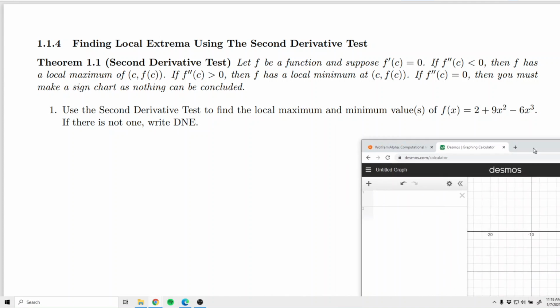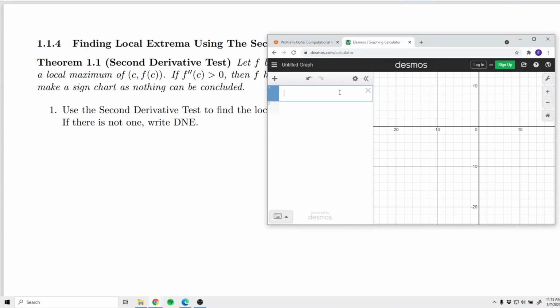So I just want to take Desmos real quickly and explain this. When we were talking about concavity at the beginning, we looked at y equals x squared. And if you do figure out where the derivative equals 0, for here, because the derivative is just 2x, it's also at 0.